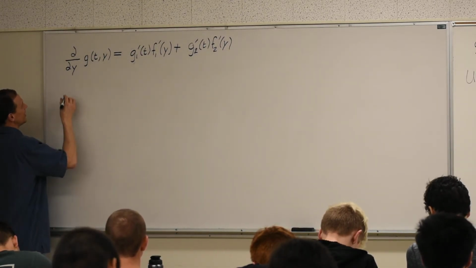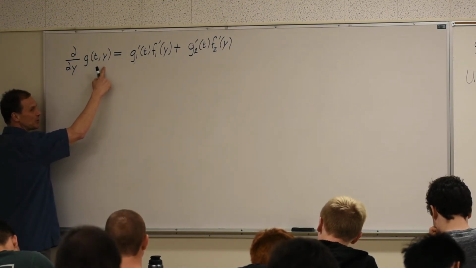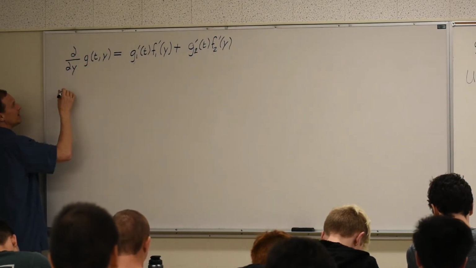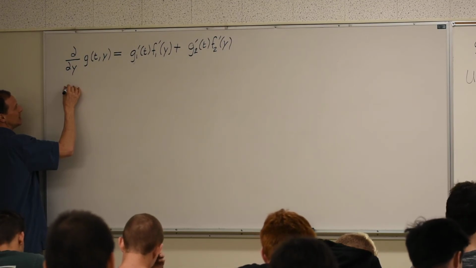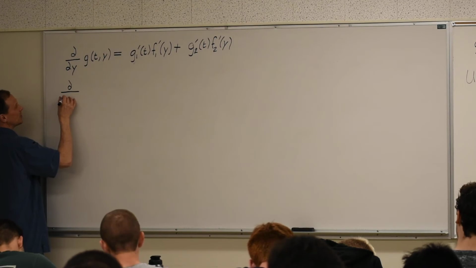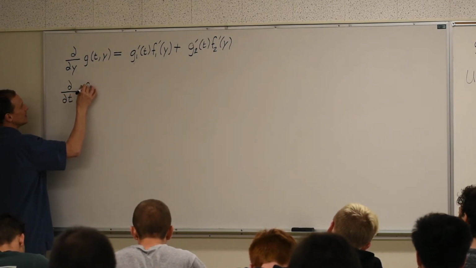So now let's try this. So g was initially partial with respect to t, so we now took it with respect to y. Let's try the same method on f of t and y. So f was initially a derivative with respect to y, so now let's take its partial with respect to t.